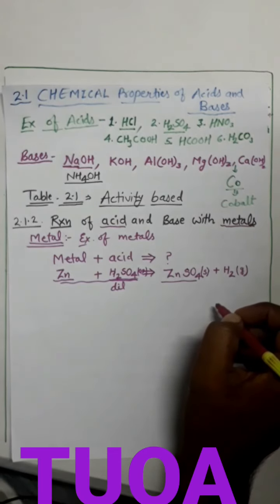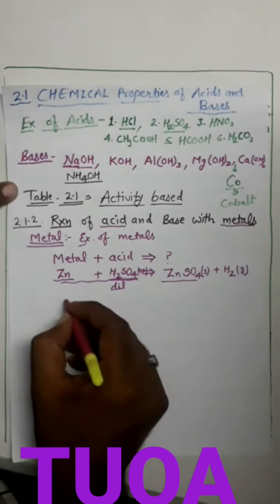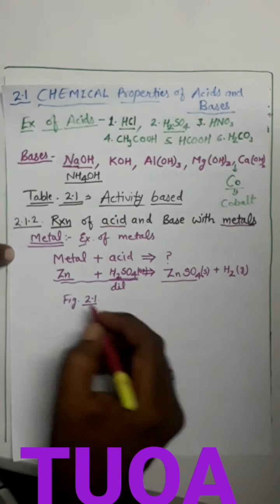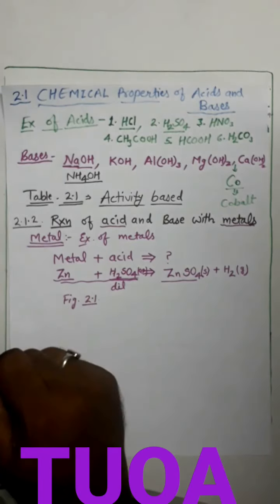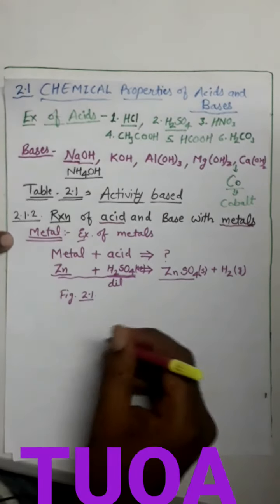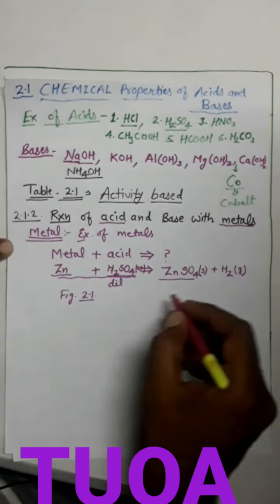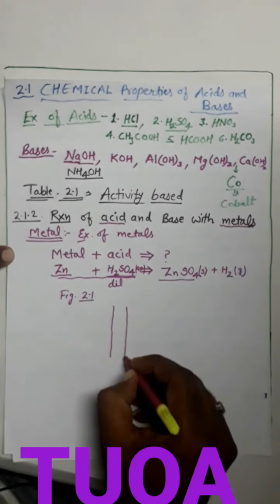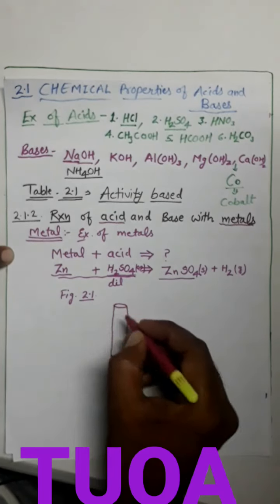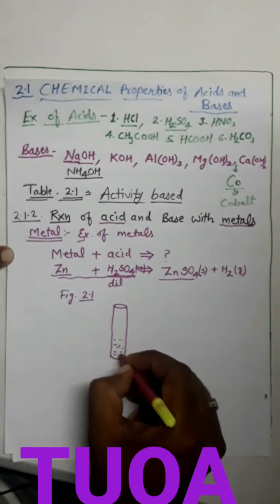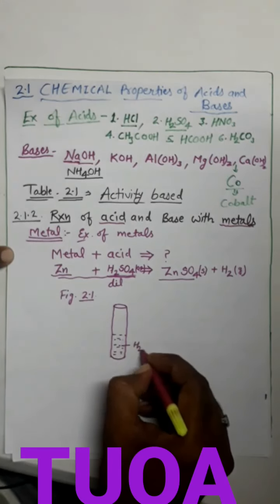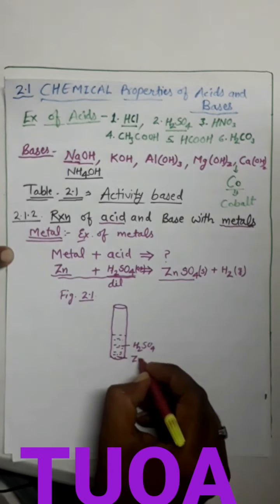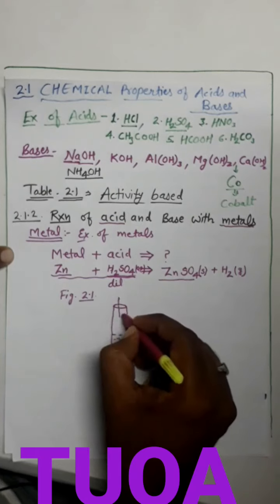In your textbook, one figure is given, figure 2.1, a very important figure. You need to draw this figure in your notebook. It will help you a lot. In the figure you can see one test tube. In this test tube, sulfuric acid, H2SO4, is present, and then we put some zinc metal granules, and here one tube is there.